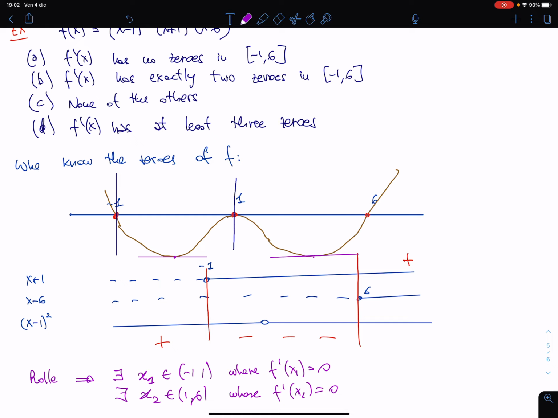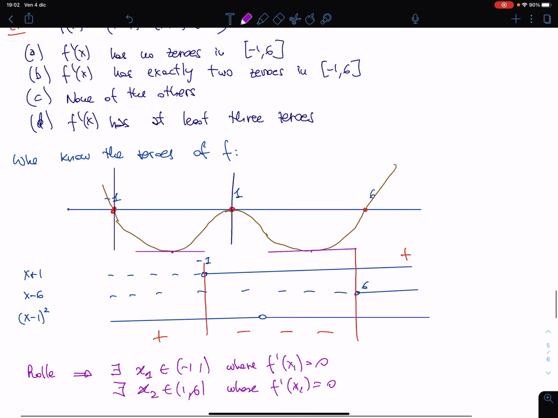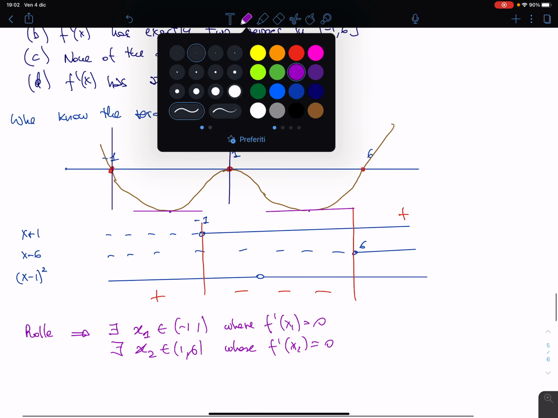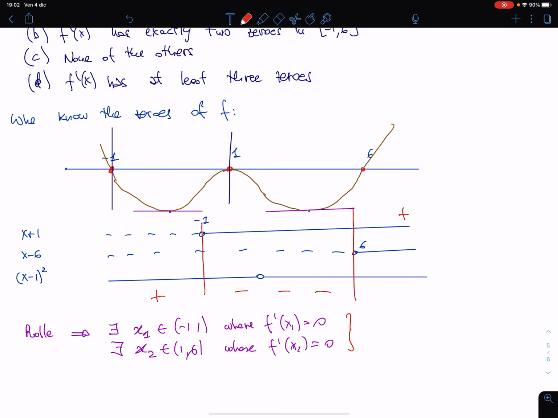Okay, everything here is very simple, very clear, and this is just using only the location of the zeros. This is just what Rolle says.